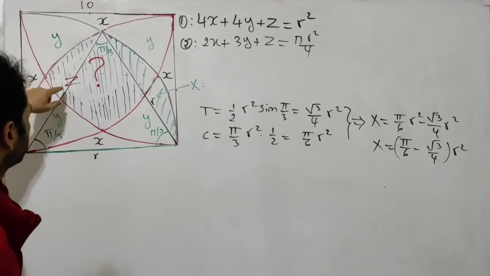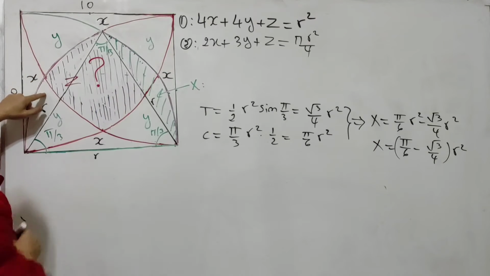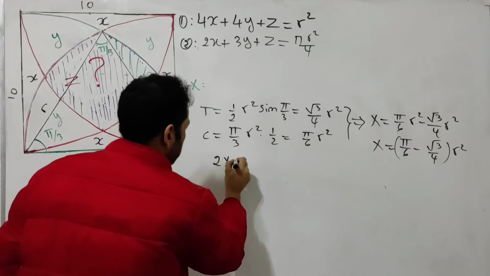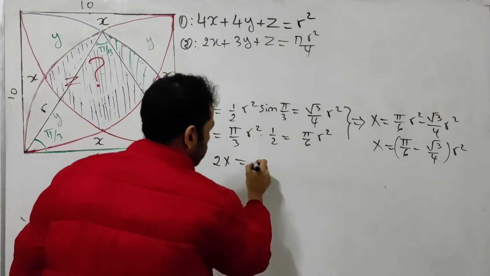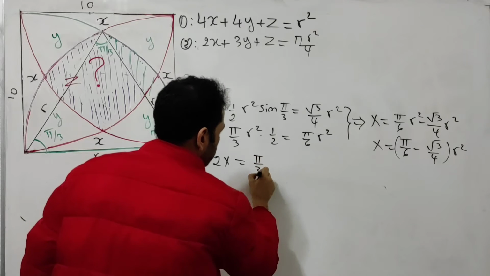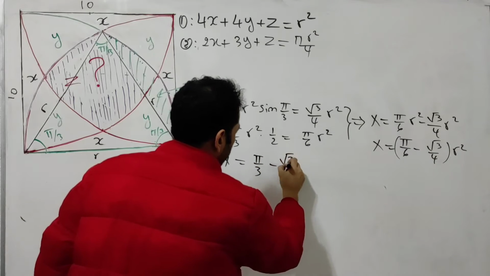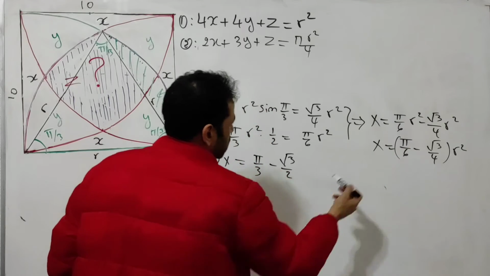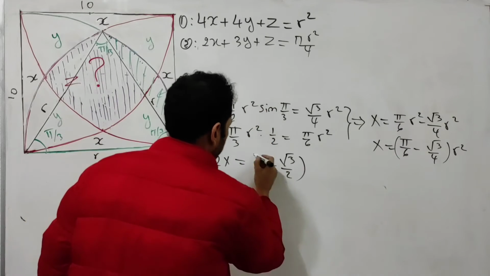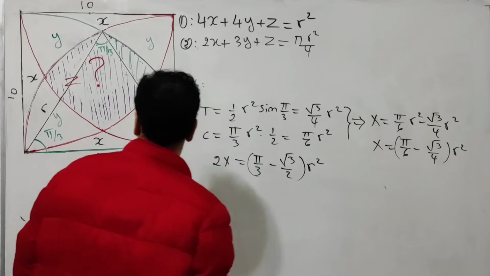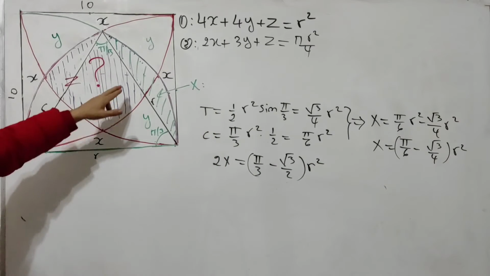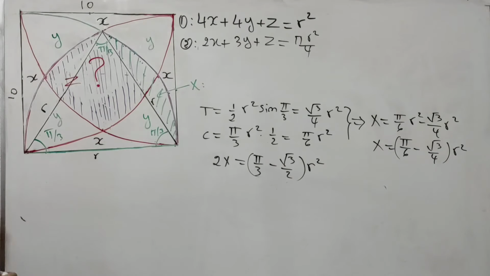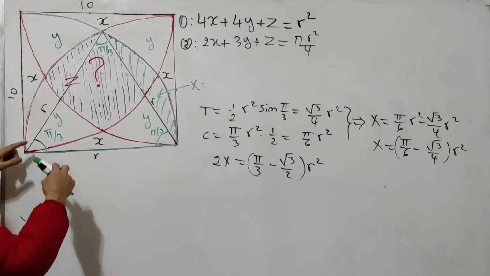Also, the nice thing here is that this one is symmetric to this one, which is 2x, okay? So we'll get 2x equal to pi over 3 minus square root of 3 over 2, multiplied by r square, okay? Now I found the area of this x, of this portion. I'm going to calculate the area of this parabola.